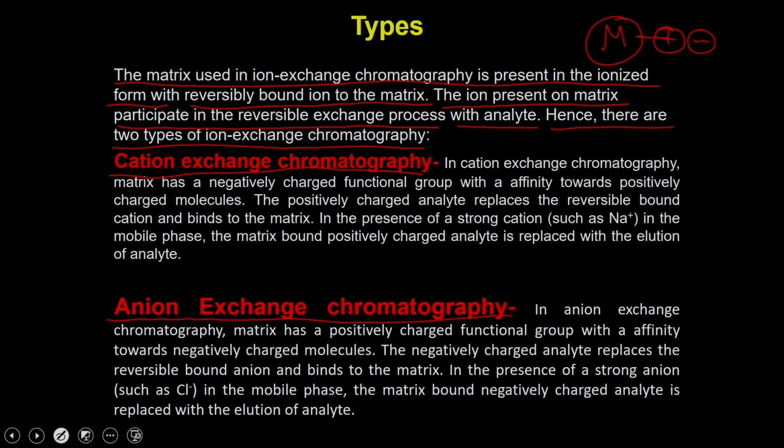As the name suggests, cation exchange chromatography is the chromatography where the matrix has a negatively charged functional group with an affinity towards the positively charged molecule, which means in cation exchange chromatography, the matrix is connected to a negatively charged group, and then it has bound positively charged counter ions.